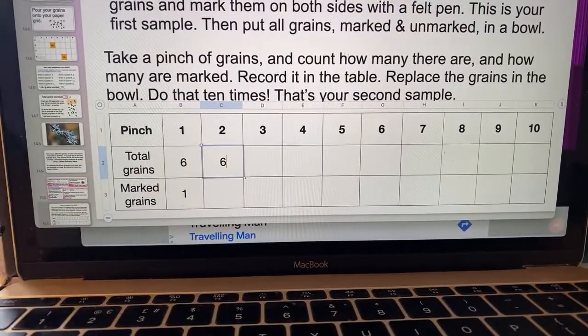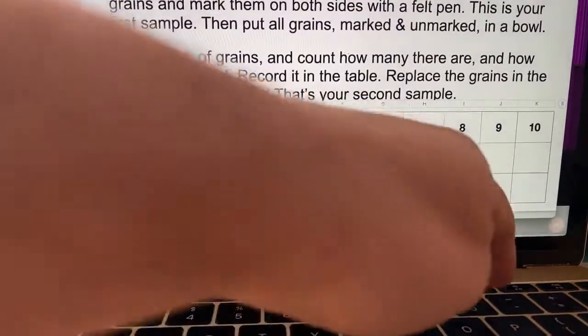So you're doing this with yours as well, yeah? Don't forget to put the pinch back.